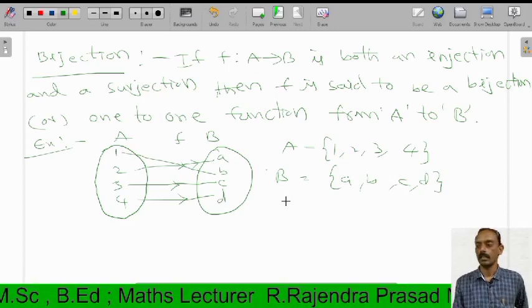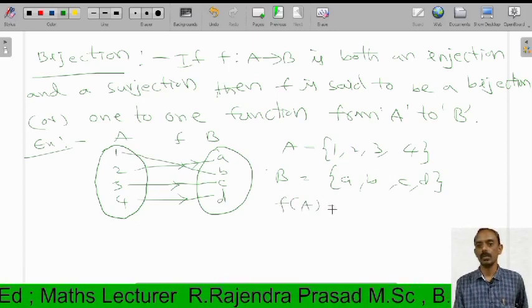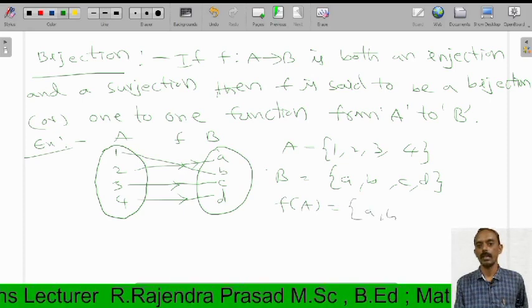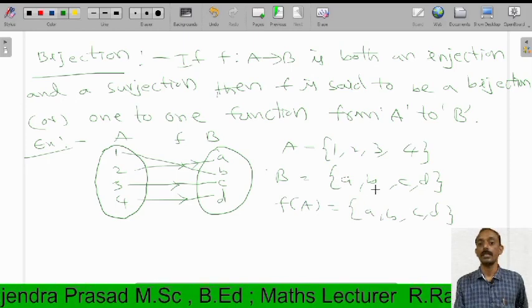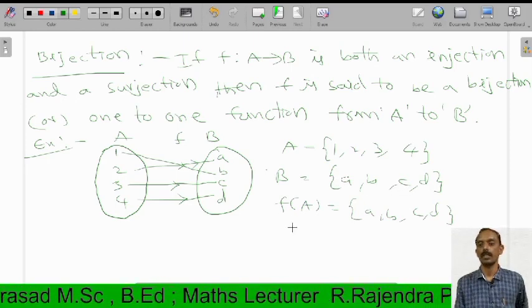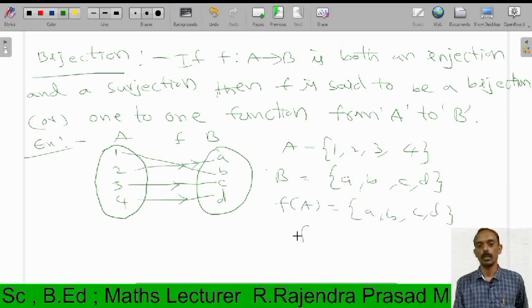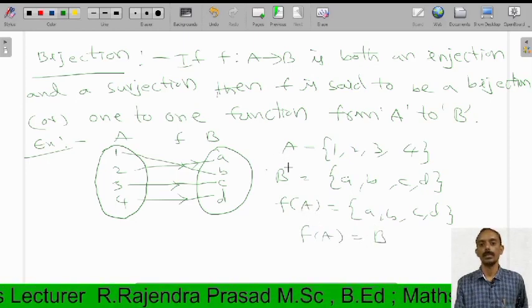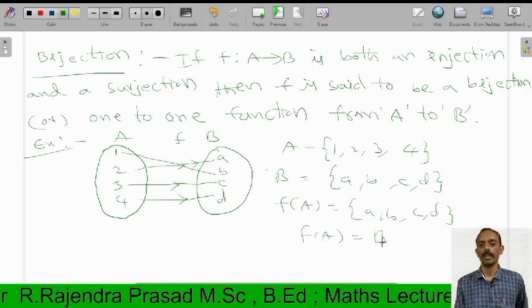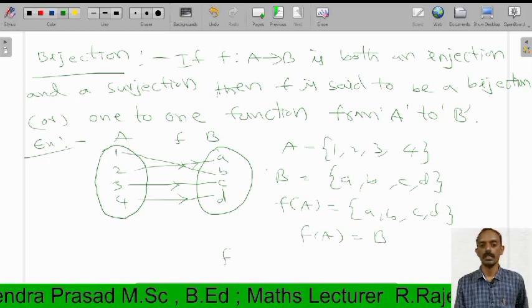Here f of A equals {A, B, C, D} and B equals {A, B, C, D}. Therefore, range equals codomain, and f of A equals B. Range equals codomain, then f is a surjection.